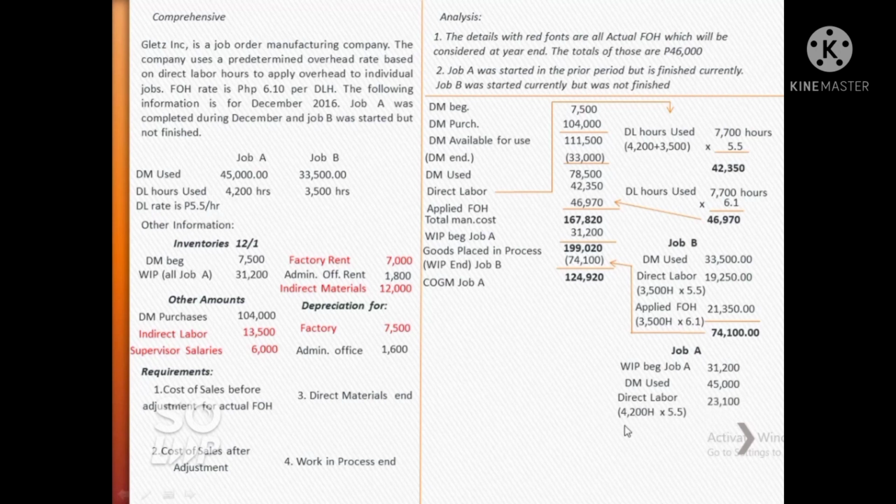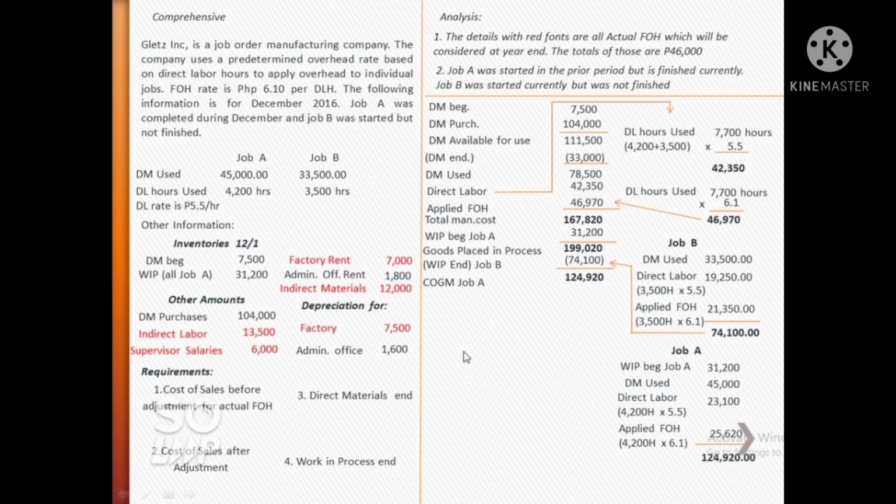So we have 23,100, and the applied factory overhead, of course, is 4,200 times 6.1, so 25,620. You add them all up, and I'm pretty sure that is still 124,920. So no need to be confused on what this 124,920 is because we have already our proof.